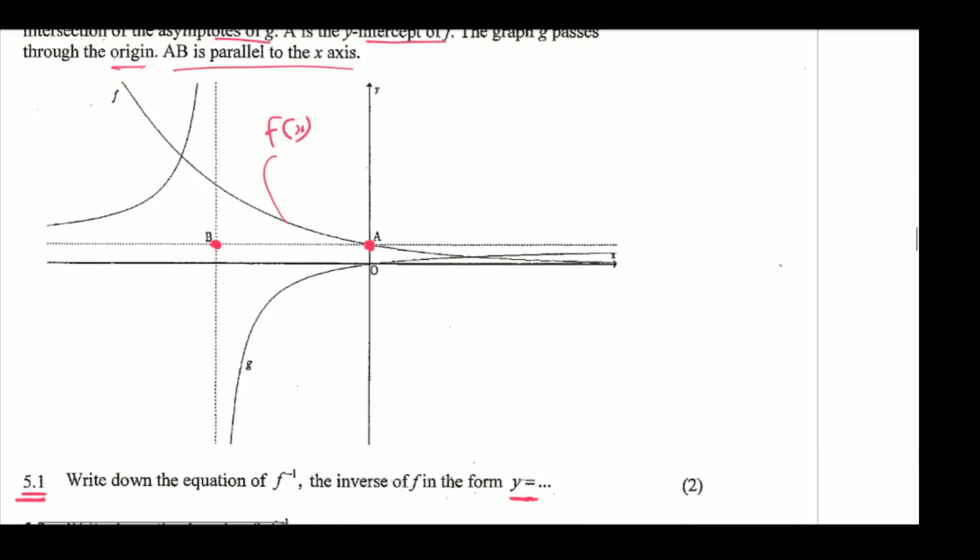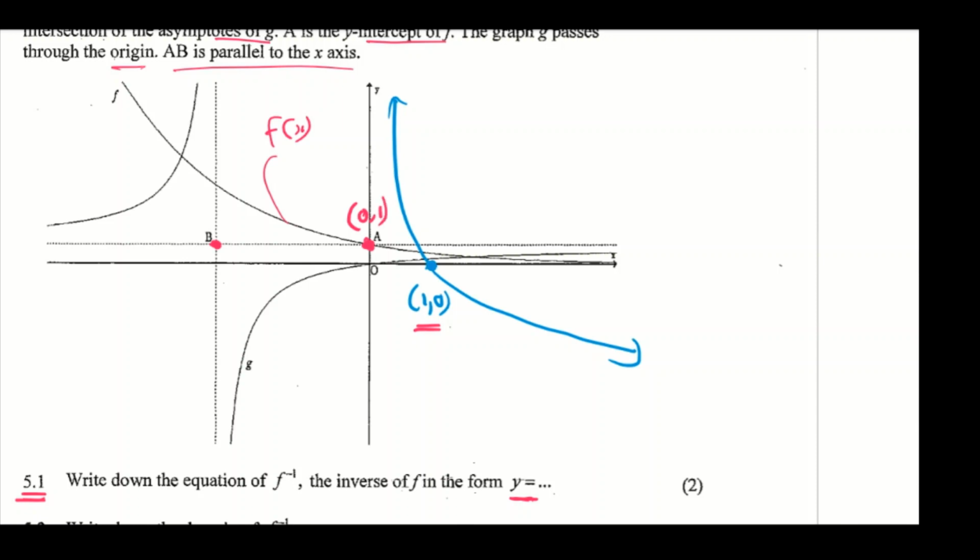But remember, in the previous question, we found our inverse of f, and we found this point to be (1; 0). So what this means is our value of a is going to be the inverse of this coordinate, so it's going to be (0; 1).